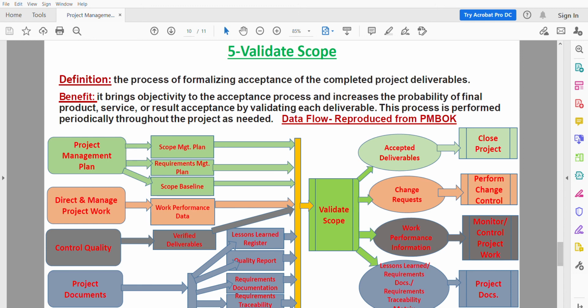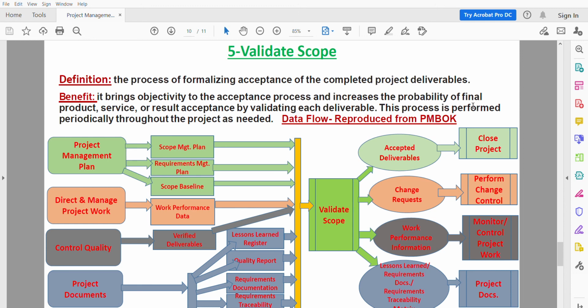This diagram shows the data flow, which is reproduced from the PMBOK Guide. The inputs to this process are the project management plan and the project documents, which are the lessons learned register, quality reports, requirements documentation, and requirements traceability matrix.